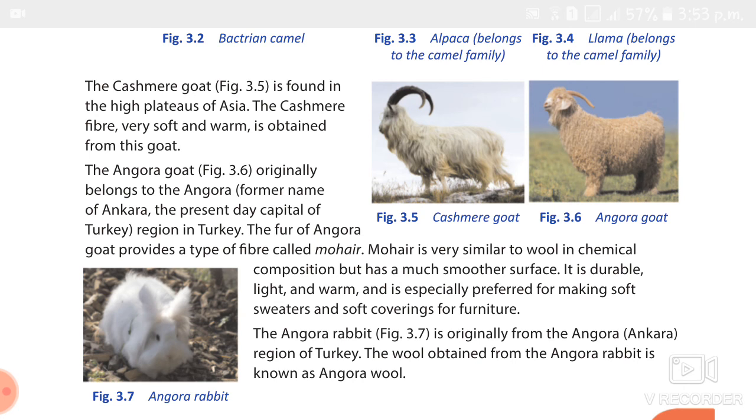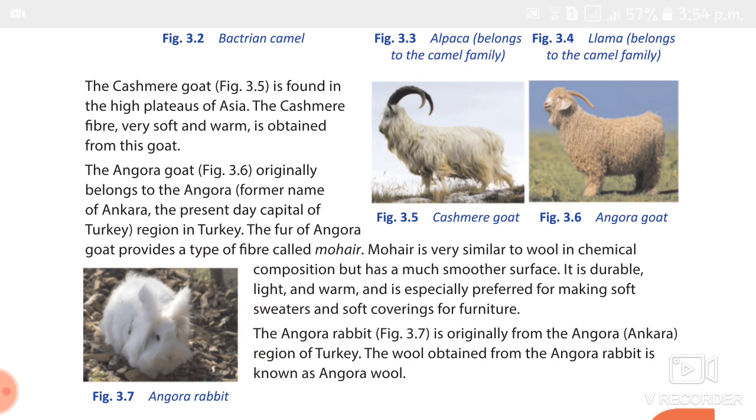The wool can be mixed with silk for easy spinning, and it is used to make sweaters, blankets, and coats. It is warmer than sheep wool. It is available in two colors, brown and grey.